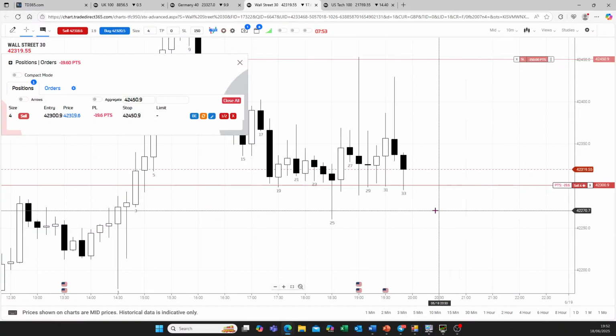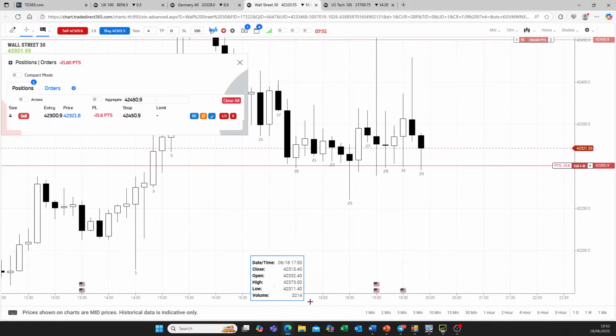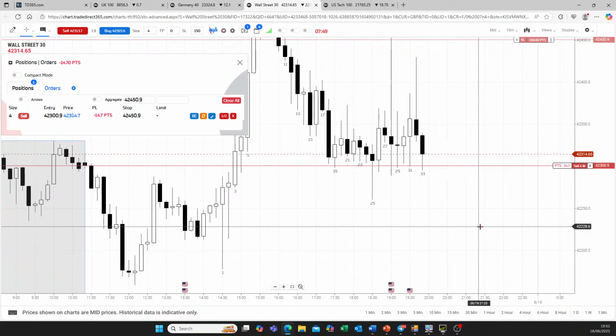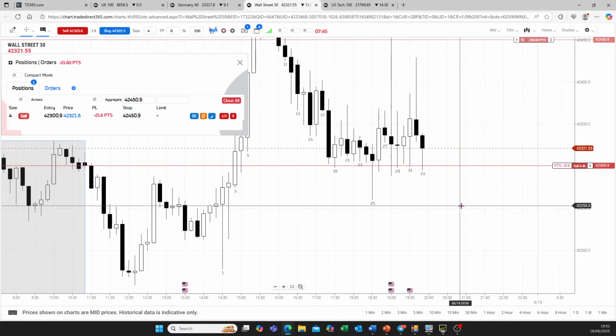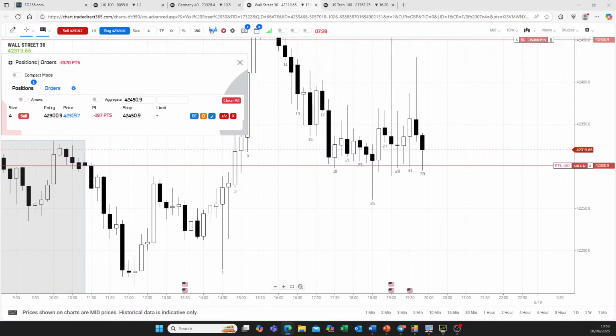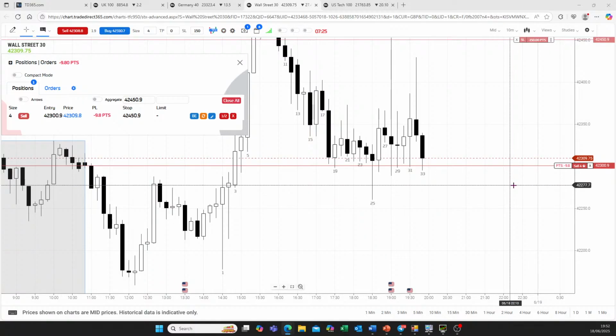So depending on where 33 closes, it really does need to close below 29 or 31 or near the 33 low before I will feel good about being short. Right now it just feels like they're probing the ranges.